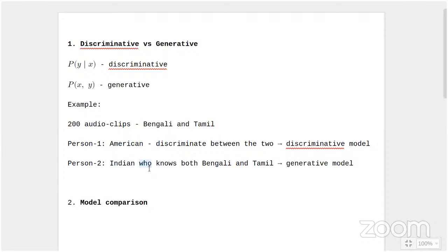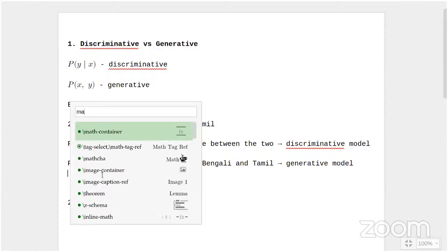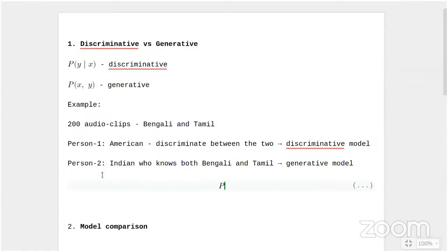So maybe I'll put it this way. The Indian doesn't know Bengali and Tamil to begin with, but let's say that through the process of listening to conversations, he learns the language. So what is happening here is this person too has a model of p of x comma y. It's not just the sounds that he learns to distinguish, he learns the language itself.